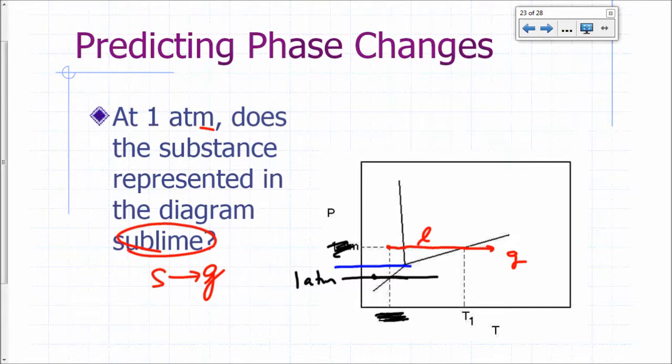This will be a different temperature here. Okay, so this is the temperature where your carbon dioxide would sublime. Okay. And so that's how you would interpret. You can use a phase diagram to predict whether a substance will sublime or not. It would depend on what the external pressure is. So typically we will be at 1 atmosphere pressure.